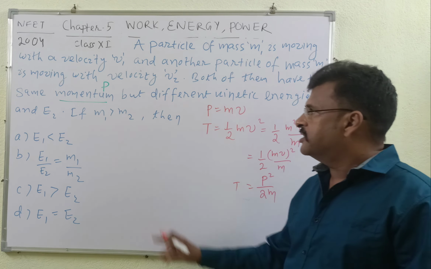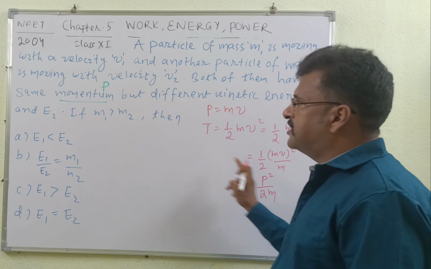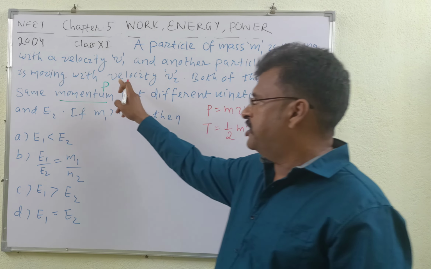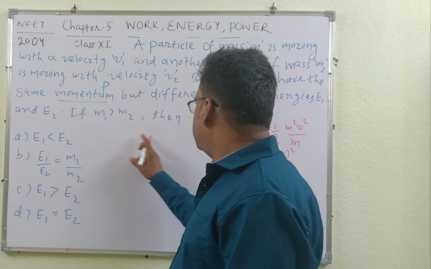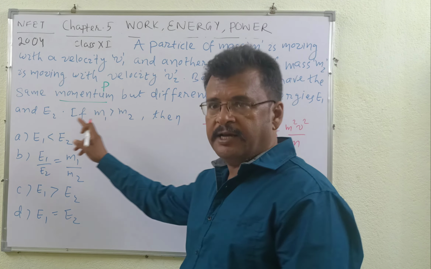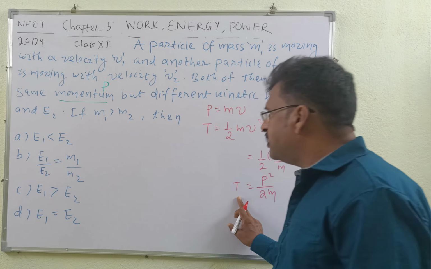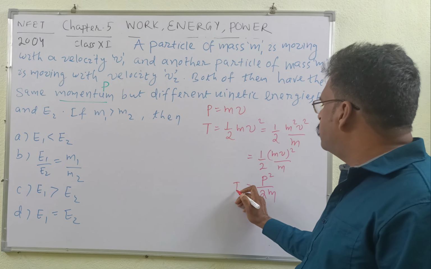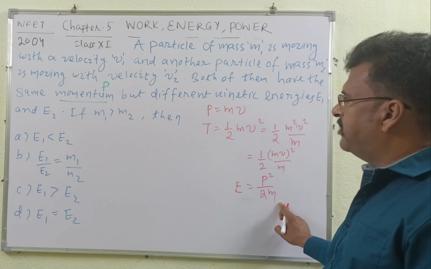Then in this case, p is the same for both of them, and let us denote it by p, as the linear momentum is the same. Then what will be their kinetic energy and the relationship between the kinetic energy E1 and E2? We denote it by E, so we may write E as p square by twice m.